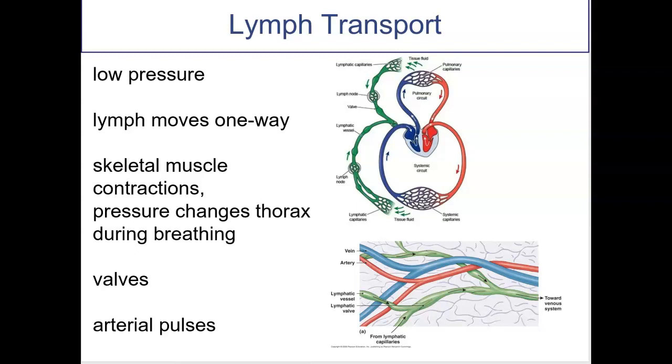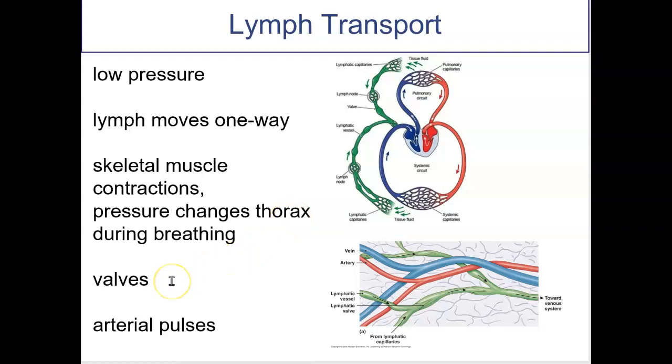Well, I mentioned the arterial pulses. So some of them are right next to arteries. So when the artery recoils, it pushes it. We know that skeletal muscle contractions are pretty important. When you exercise and muscle contracts, it squeezes on the vessel and helps circulate it. We also know breathing works, just like it helped move the blood, inspiration and expiration, the diaphragm changing its shape will also help move the lymph.